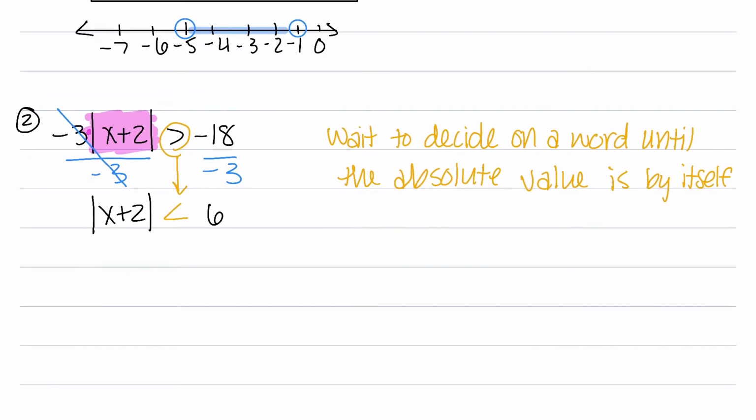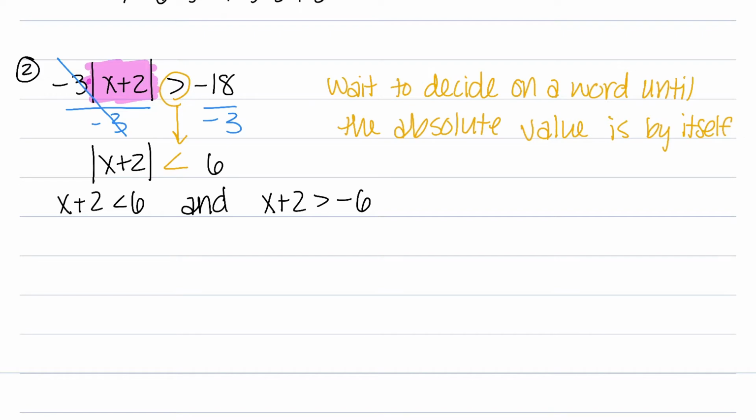But here, this shows me it really should be an and. So I have x plus 2 is less than 6, and x plus 2, flip the symbol, change the sign, is greater than negative 6. From there, you solve it real quick. Minus 2, x is less than 4, and subtract 2 over here, x is greater than negative 8.